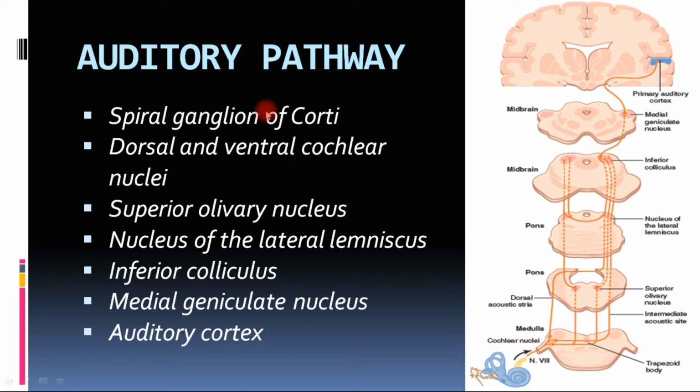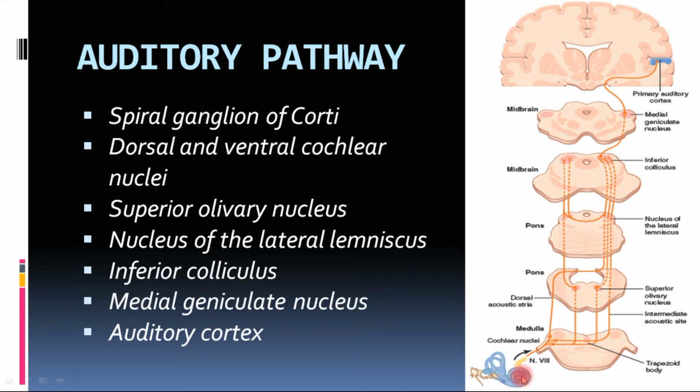Here is the list of the important places in the auditory pathway where synapses take place, or where the signals end for performing certain functions. These places might act as relay centers, or as lower level interpretation centers for the auditory signals.